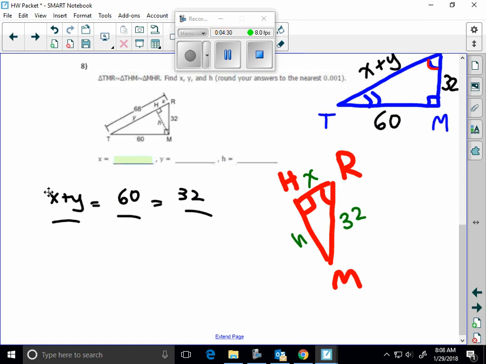And then in the smaller triangle, which side corresponds to the hypotenuse X plus Y? In the red triangle, what is the hypotenuse? 32. Okay, what side corresponds to 60? H. And what side corresponds to 32? X.